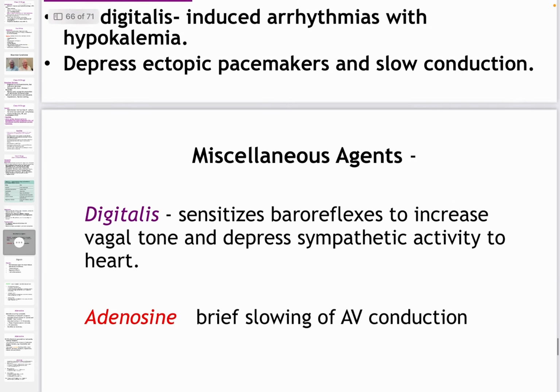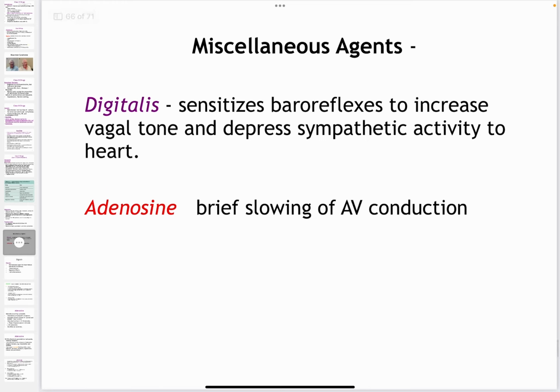Now digitalis and adenosine. We talked about digoxin being an old-fashioned agent for heart failure and atrial arrhythmias. It has direct action through inhibition of the potassium-sodium ATPase pump, and we're going to explain this more in the heart failure lecture. It has also a vagotonic effect.